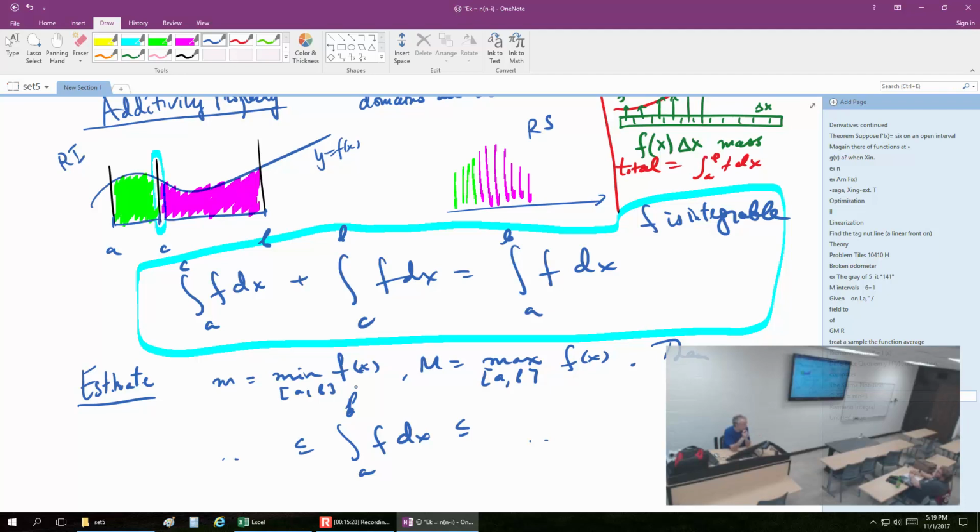What is the smallest possible total mass? The minimum, that's the density multiplied by the length, right? Because it's linear density, m is the minimum linear density. So then to get the whole thing, you multiply by the length of the rod.